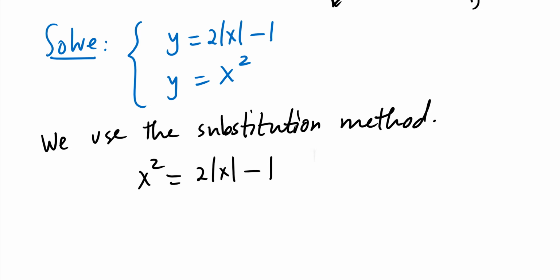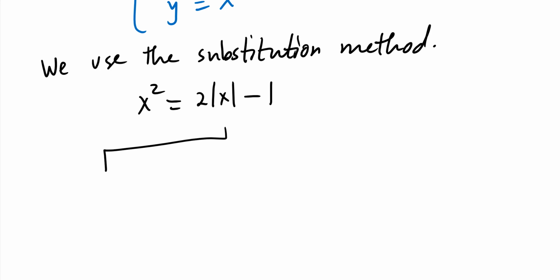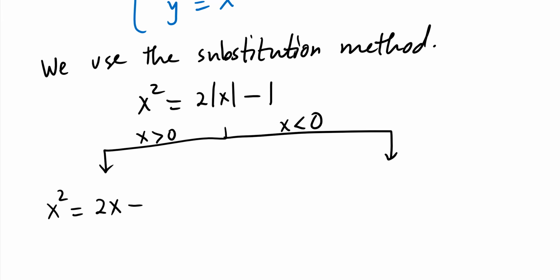Now I see an absolute value here. Again, split it into two cases. One case when x is positive, one case when x is negative. So let's see what we do here. When x is positive, it's going to become positive 2x minus 1. If x is negative, negative 2x minus 1.